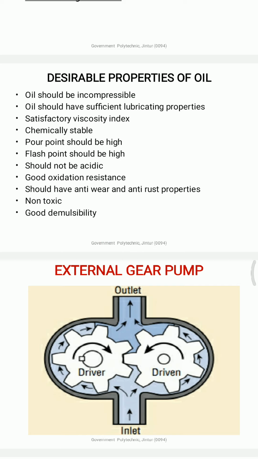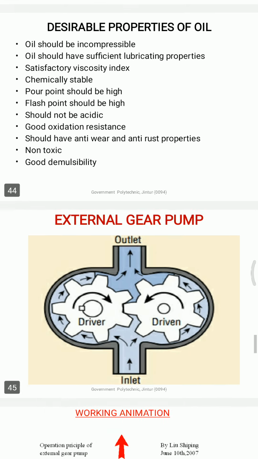Flash point should be high. It should not be acidic. Good oxidation resistance. Then it should have anti-wear and anti-rust property. It should be non-toxic. It should have good demulsibility. Demulsibility is the property by virtue of which it gets separated from the water. If water is mixed inside the oil, then it gets separated. This property is called demulsibility.